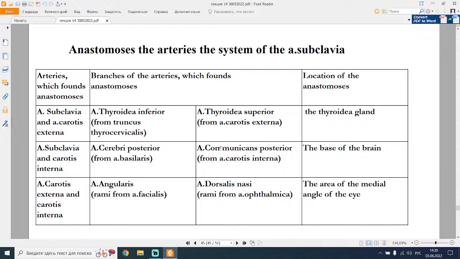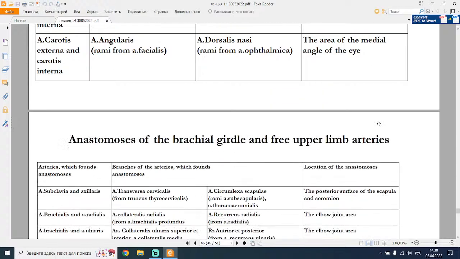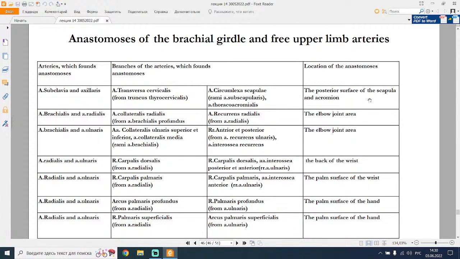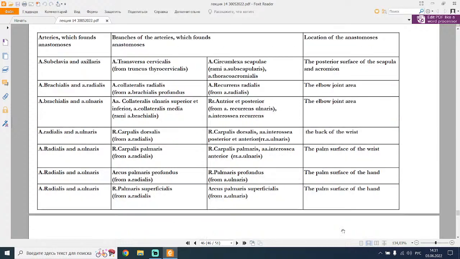Follow the anastomoses of the arterial system. Anastomosis of the brachial girdle and the upper limb arteries. This is short information about anastomosis.